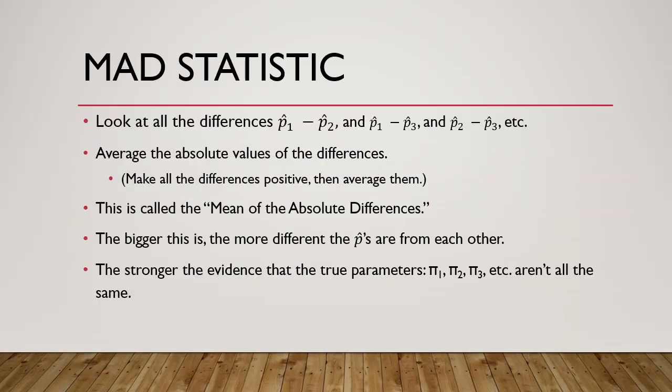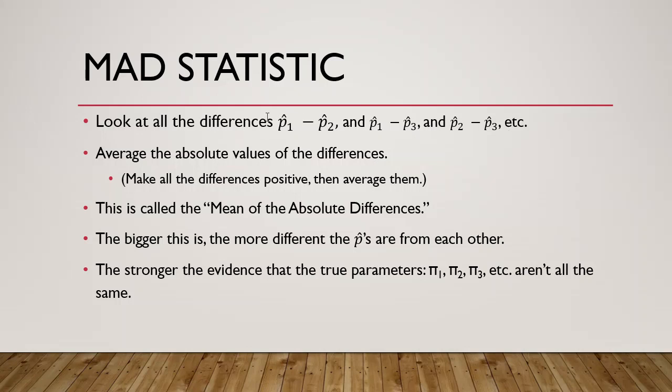And the way we do that is through something called the MAD statistic. MAD stands for mean of the absolute differences. So what we did when we had two proportions was we subtracted them. If they equaled 0, they were the same. And if they didn't equal 0, they were different. Well, now we have more than two proportions to look at. We've got P1 and P2. We've got P1 and P3. We've got P2 and P3. We could have P1 and P4.